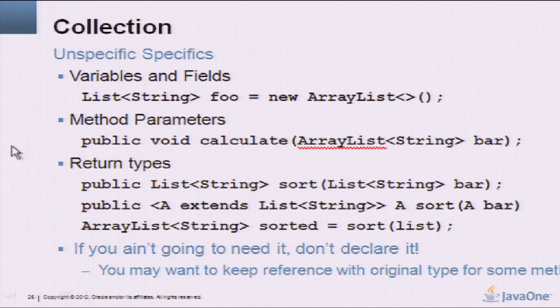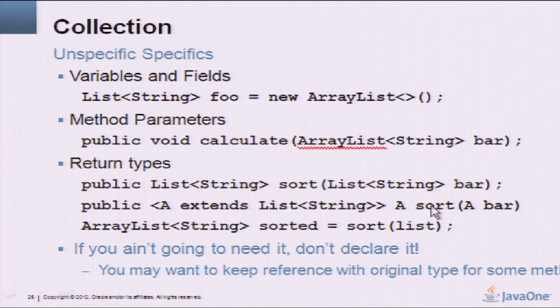There's something you can do with generics, which is to say that A extends list of string, and then I say A in the return type and A in the parameter type. Now whenever I pass a list to this sort method, the type that I get back from the sort method will in fact be the same type as the type that I passed in.